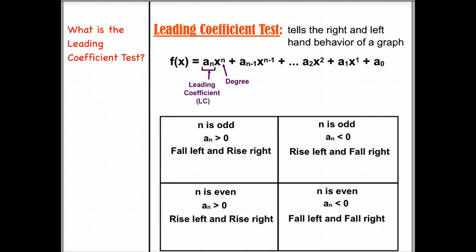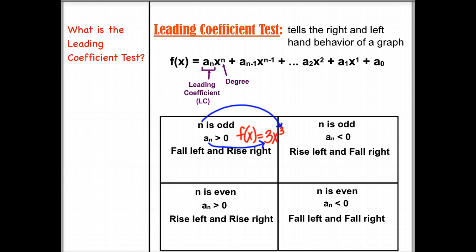If n is odd and a sub n is greater than 0, so for instance, if f of x is equal to 3x cubed, where our n is odd, it's 3, and our a sub n, or our leading coefficient, which is 3, is greater than 0, it falls to the left and it rises to the right.